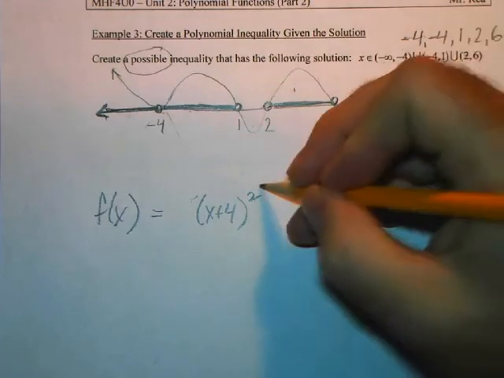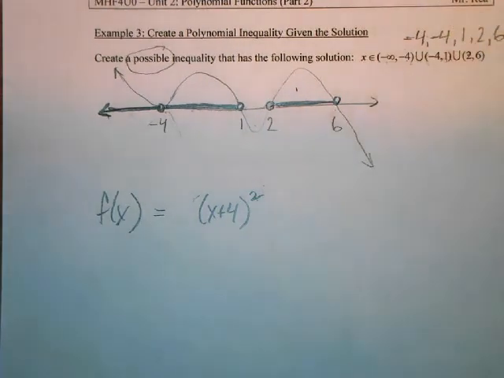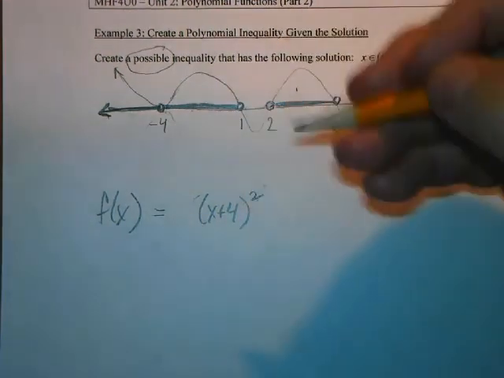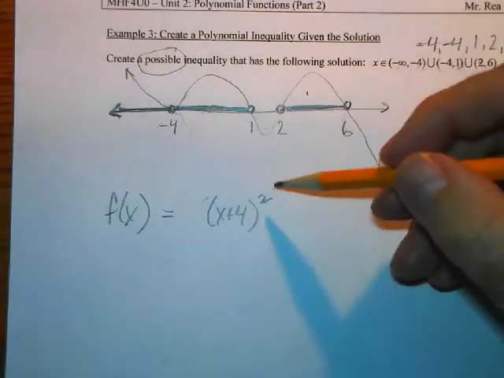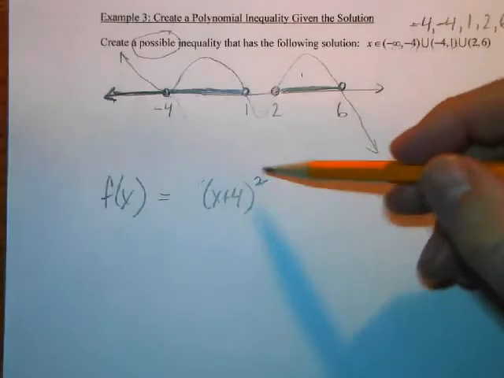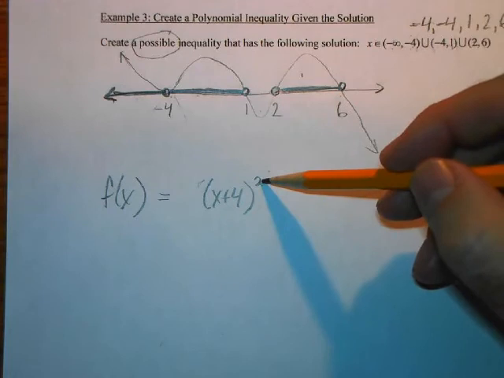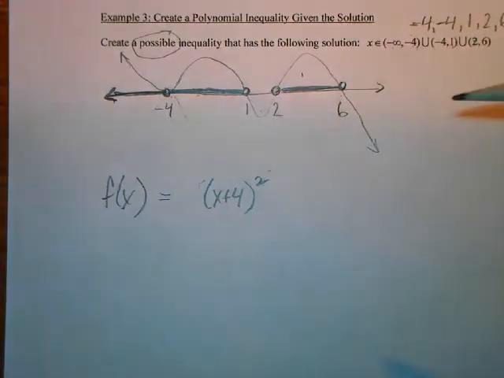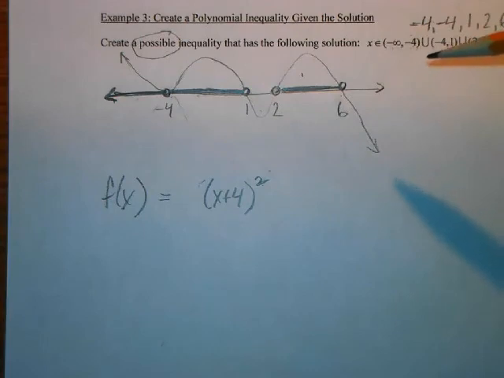So at minimum, it would have to be a 2 there. And that's where you could have infinite solutions. I could have the exact same function or inequality and change that to a 4, and it would be the exact same. Of course, the graph would look different, but the solution would be the same.